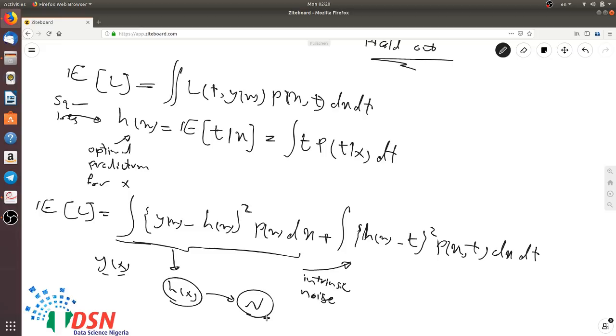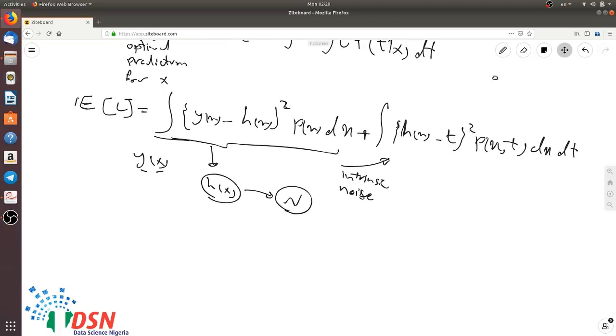The severe problem in machine learning is that we don't have much data. We don't have infinite data. We have limited data.